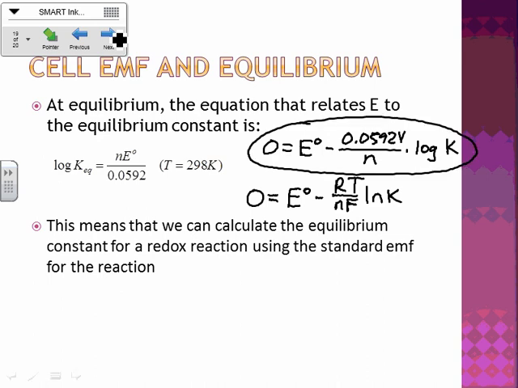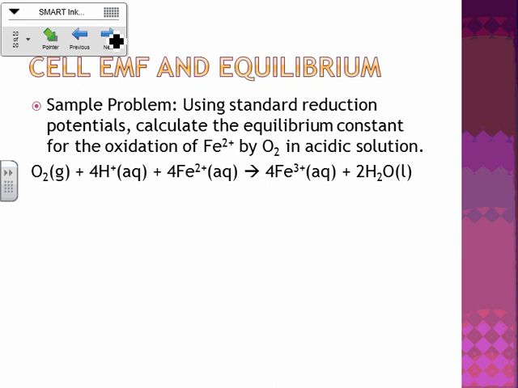Okay? So an example here, using standard reduction potentials, calculate the equilibrium constant for the oxidation of Fe2+ by O2 in acidic solution. And then it's given us the reaction here. Okay? So all we have to do for this one, E equals E0, nope, sorry, still working with the old one.